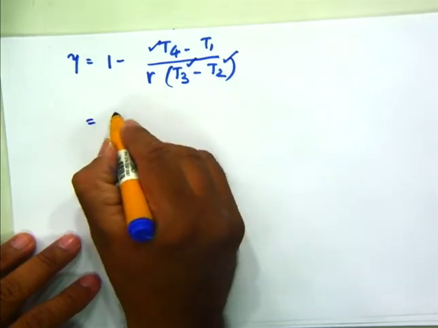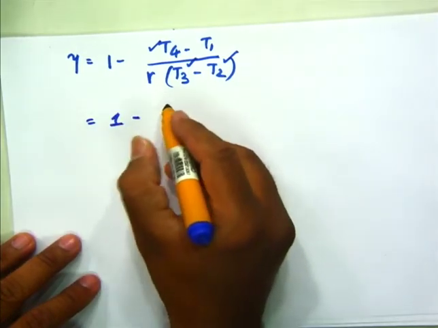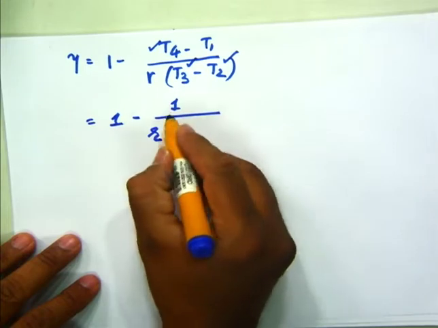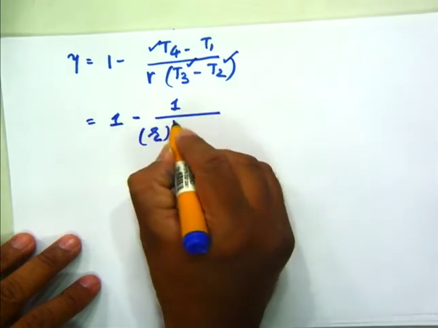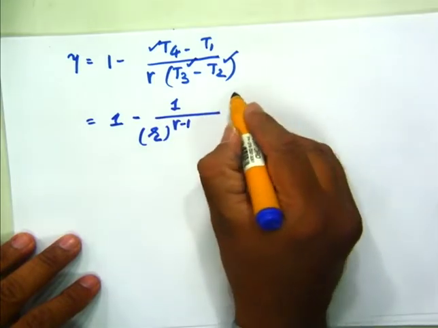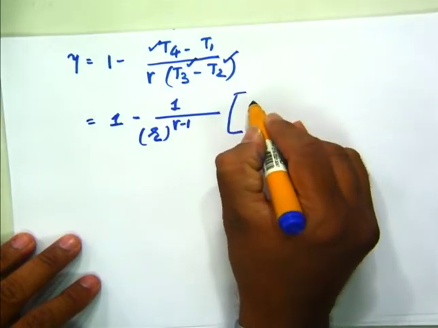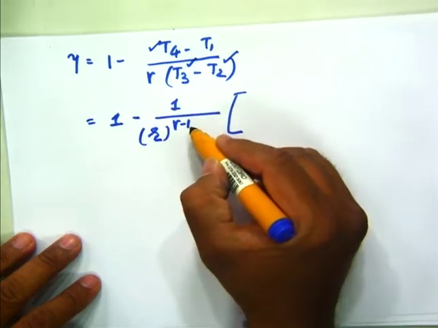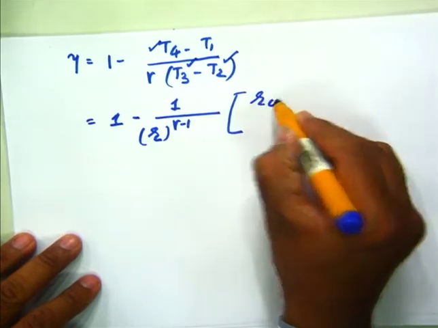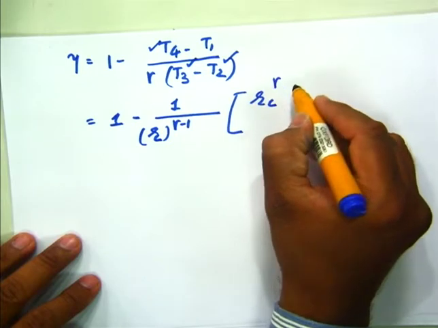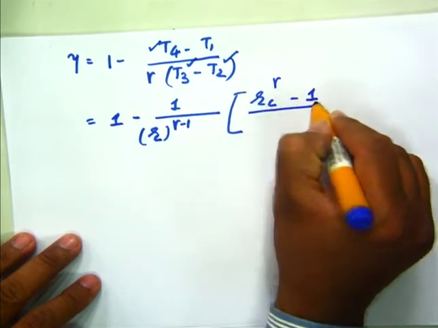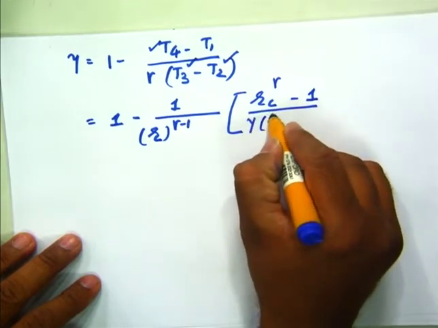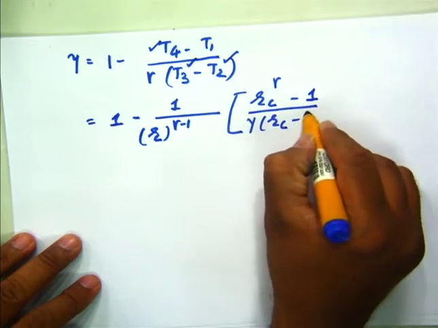You will get 1 minus 1 upon r raised to gamma minus 1 into rc raised to gamma minus 1 upon gamma into rc minus 1.